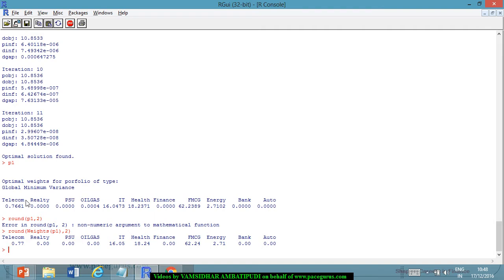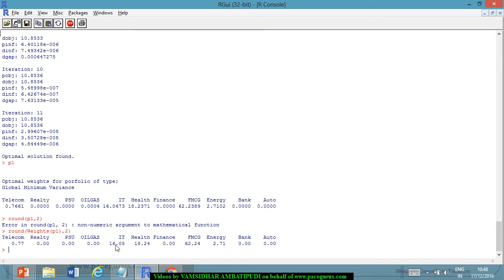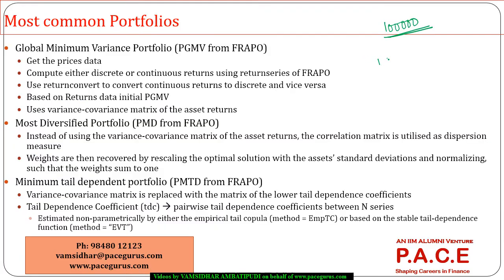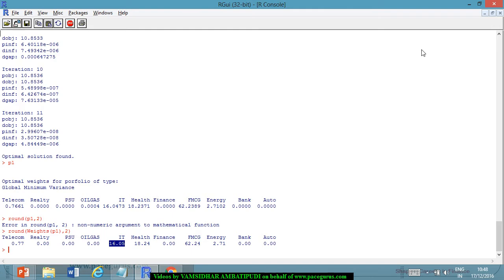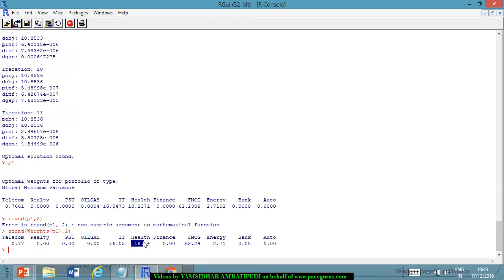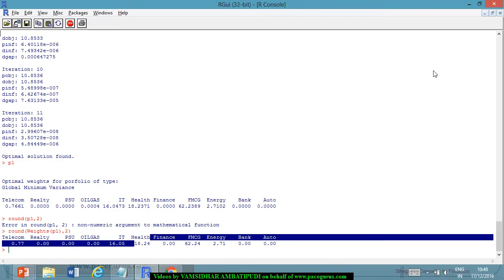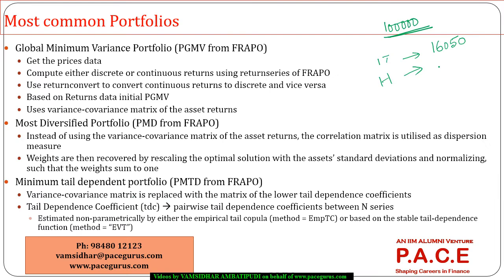So let's say I have 100,000 with me. Then it says 16.05% I allot to IT. So out of the total money that I am investing, I am allotting 16.05%, which is 16,050 bucks. I am investing in the IT sector. Then in healthcare, I am investing approximately 18,240.